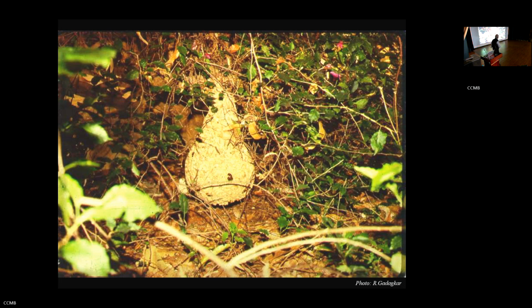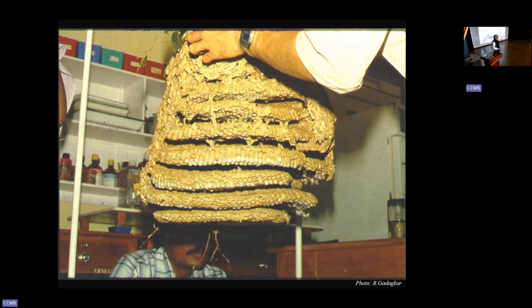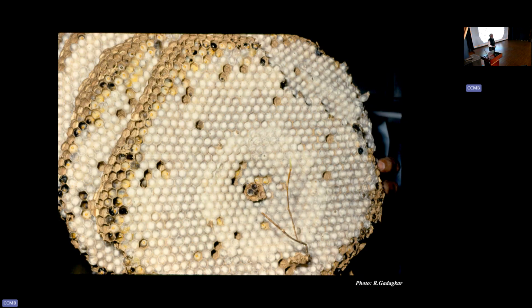Now, don't try this at home, but I once opened this envelope and I found what I like to call a multi-storied apartment complex. So the wasps have built many layers of comb in which they rear their brood. And if you turn this around, this is what you see. These are all the pupae of the wasp. And like in the honeybee case, you can see these perfectly hexagonal cells.